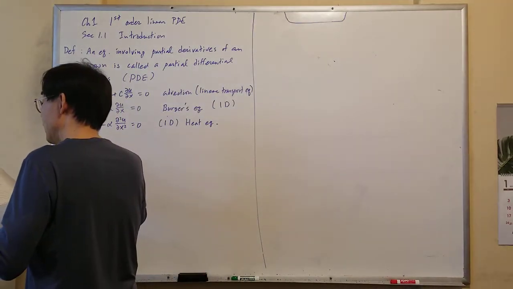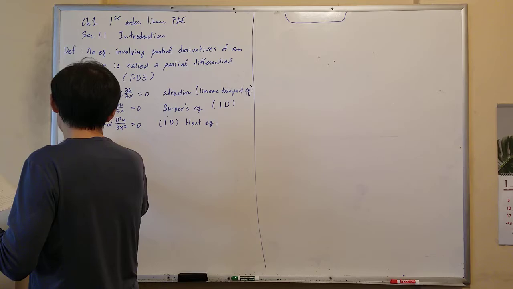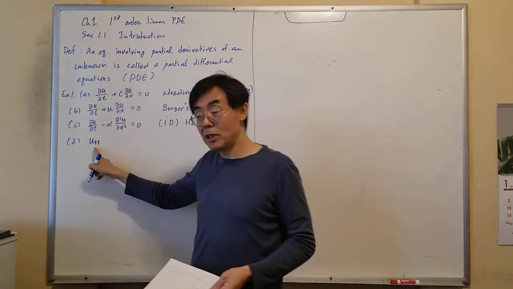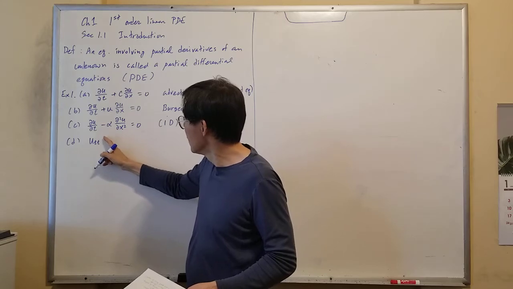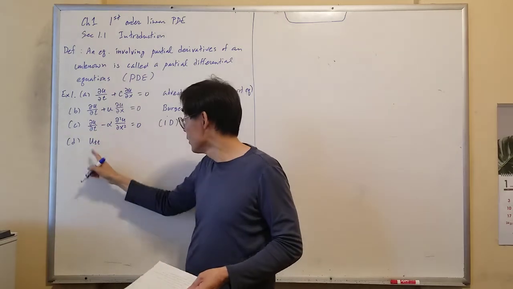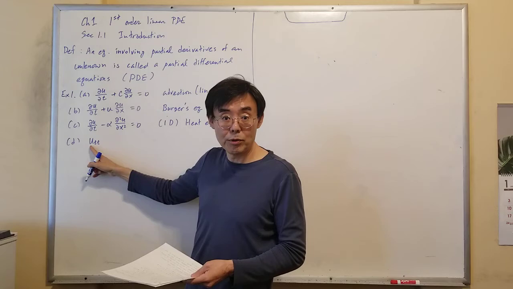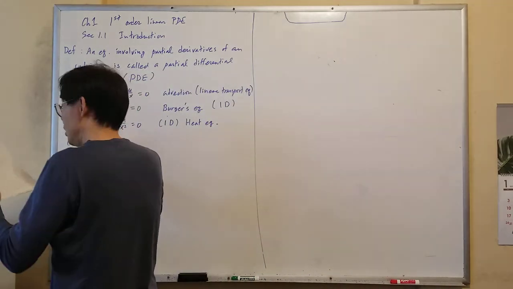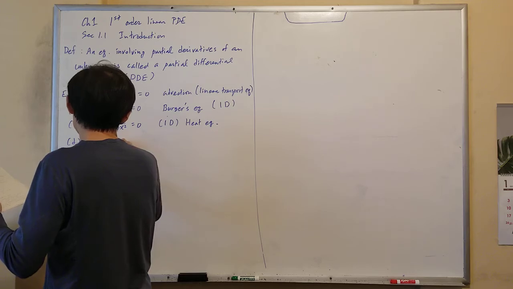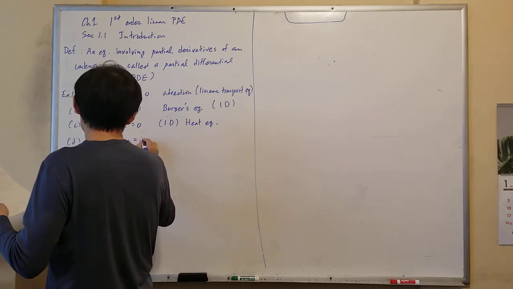D: subscript notation is another way of writing partial derivative. This is second order partial derivative of u with respect to t, twice. U sub tt minus some constant beta u sub xx.